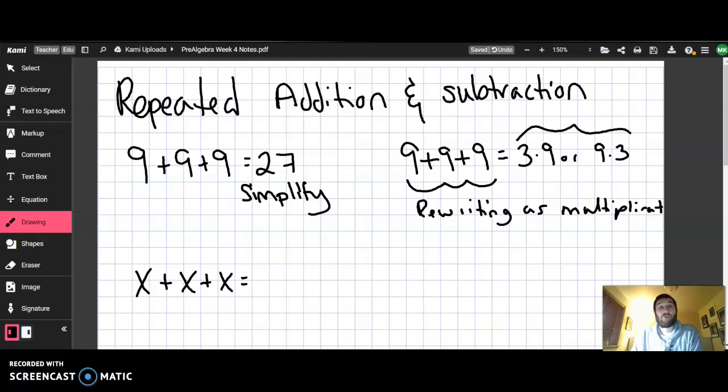We have to continue our multiplication and combining our numbers as much as we can until we get down to the simplest form, which in this case is 27. That's because there's nothing else we can do. It's simplest because it's the minimum that we'd have to look at. It's just 27 rather than 3 times 9, or even more to look at, 9 plus 9 plus 9.